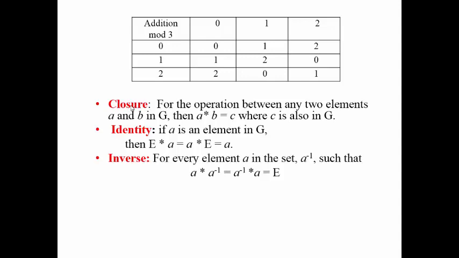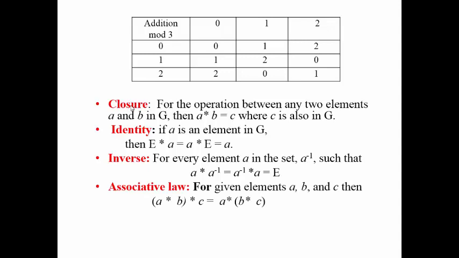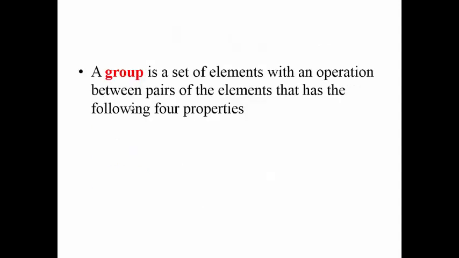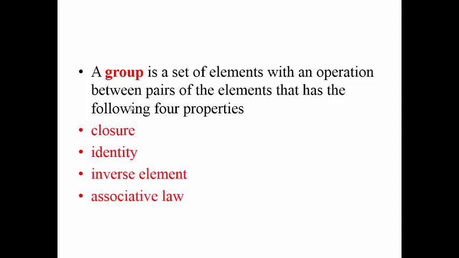We'll have an inverse, which we've demonstrated, and we've demonstrated that the associative law at least holds, and if you went through the rest of the examples in the book, in the multiplication table, you would see that they work too. So our definition of a group is a set of elements with an operation between pairs of elements that has the following 4 properties: closure, identity, inverse element, and associative law. I expect you to know that as a definition.